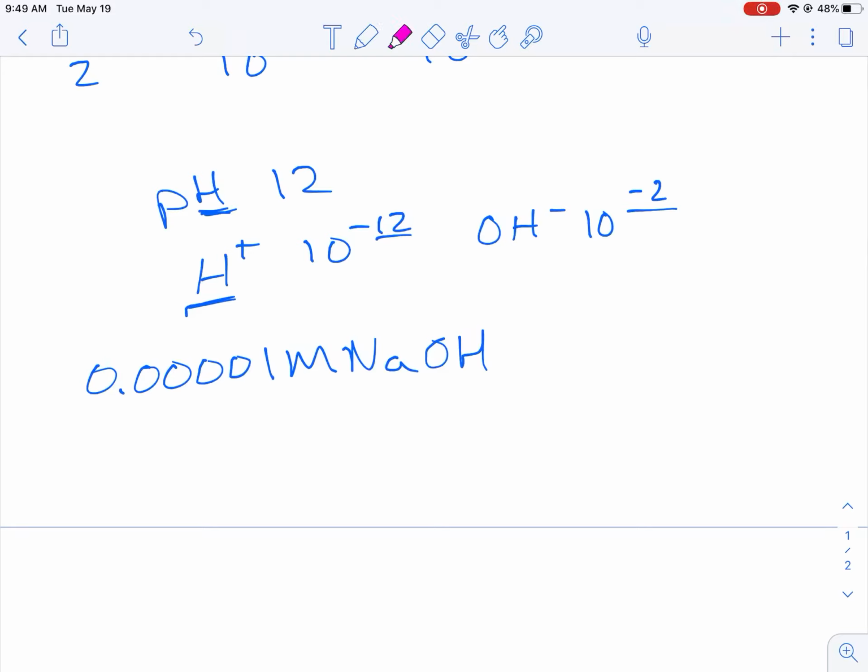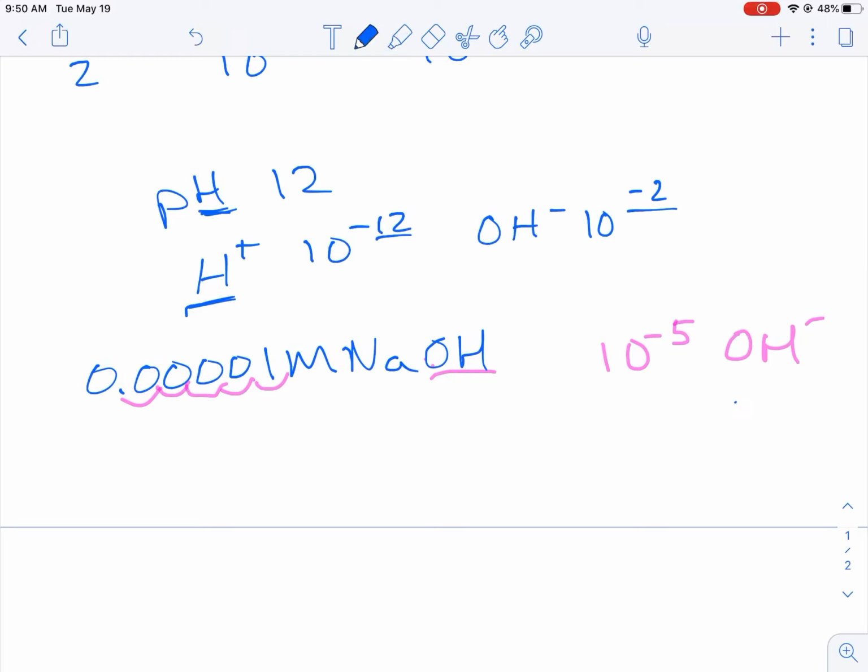And hopefully you realize that with this OH sitting right here, that indicates to me that that is a base. All right? So that's what we really want to focus in on. So when I slide this decimal 1, 2, 3, 4, 5 places to make that a whole number, that 10 to the minus 5 is reflecting the OH concentration.